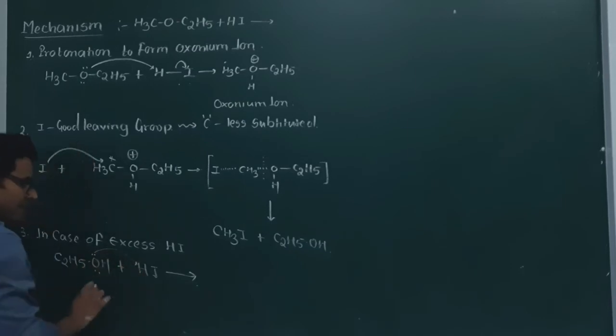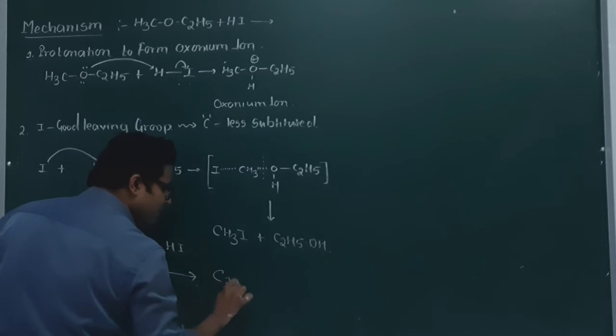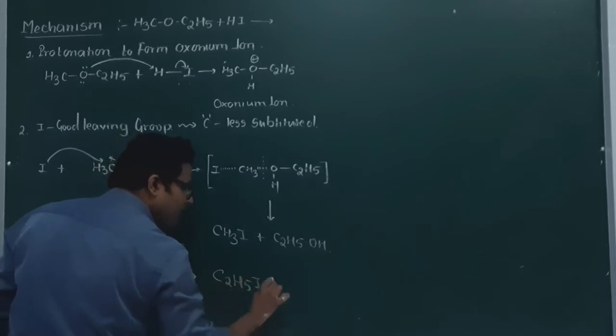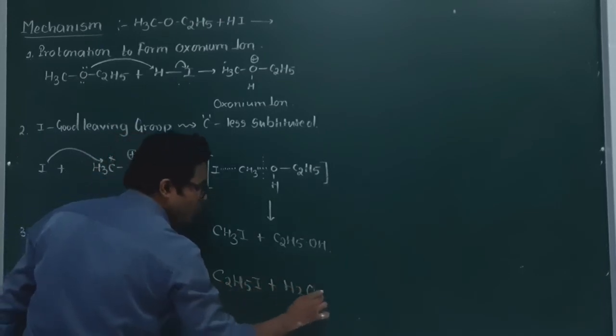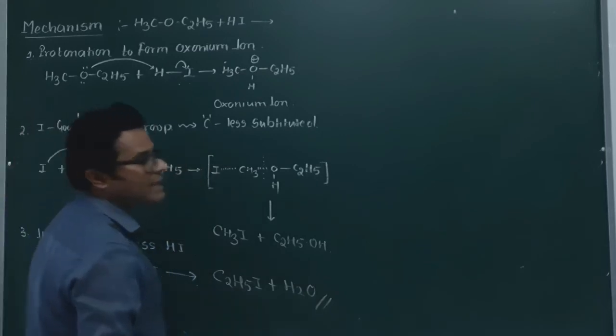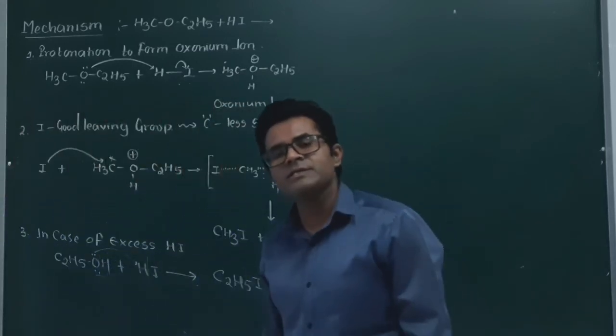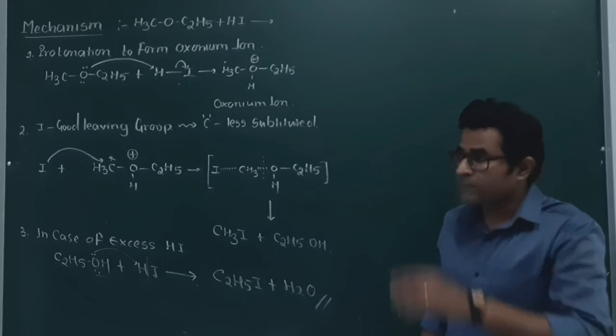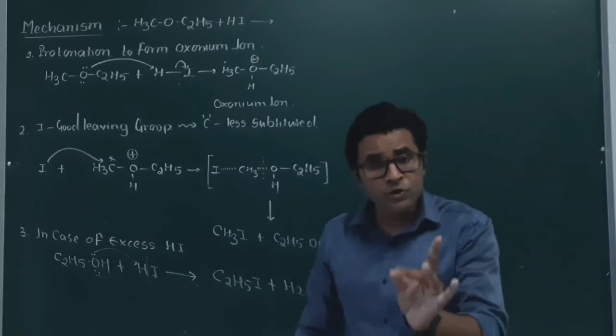This particular thing attacks over here, that means this particular combination of water is formed, giving rise to C2H5I plus H2O. So this was the entire three-step mechanism for the reaction, wherein it involves the cleavage of oxygen and alkyl group.